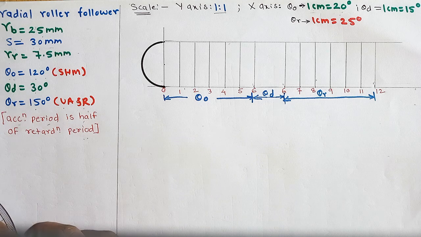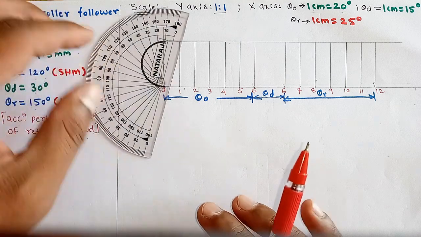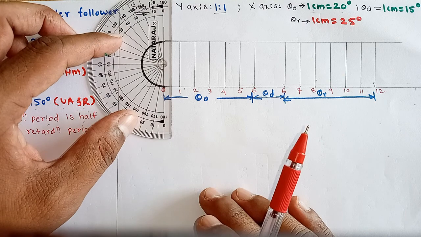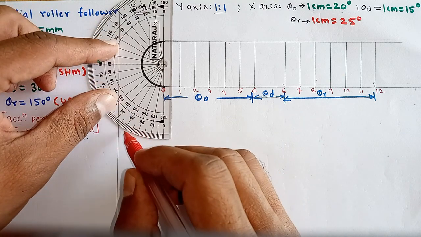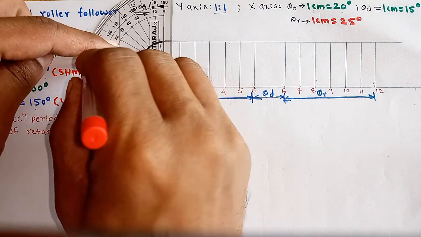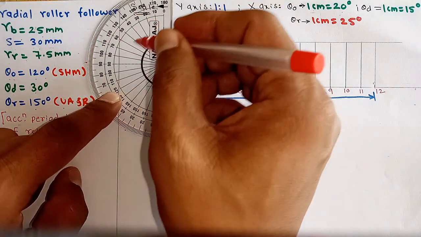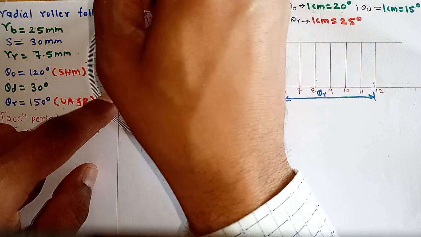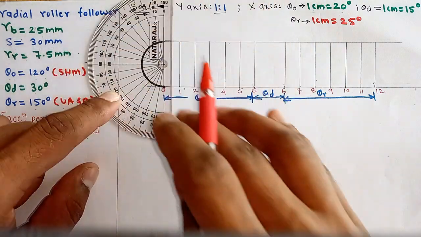So 180 divided by 6, each division will be of 30 degrees. So let us mark the points. 30, 60, 90, and from this side 30, 60 and 90.